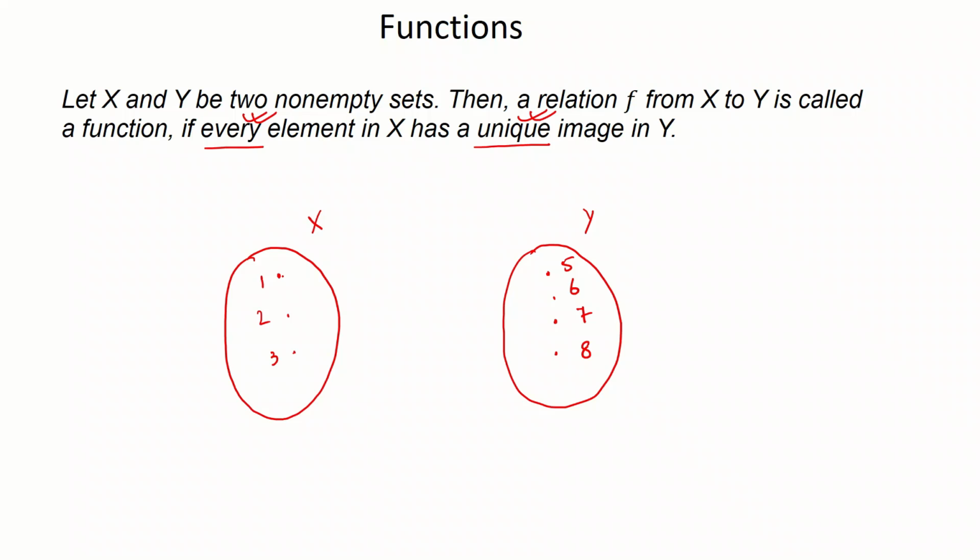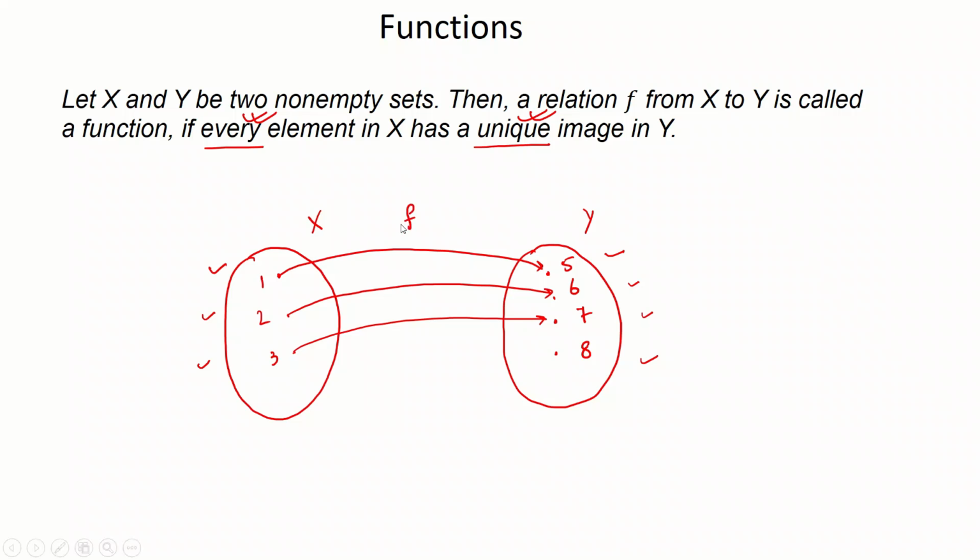Suppose that 1 goes to 5, 2 goes to 6 and 3 goes to 7, and 8 has no pre-image. So these points here are called pre-images and these points over here are called the images of X under F. Okay, so the relation would be defined something like this: 1 comma 5, 2 comma 6 and 3 comma 7.